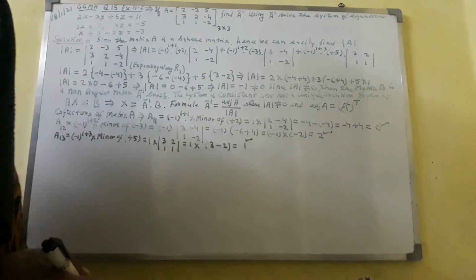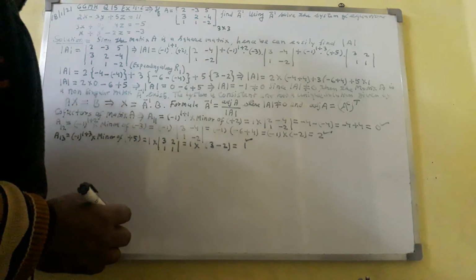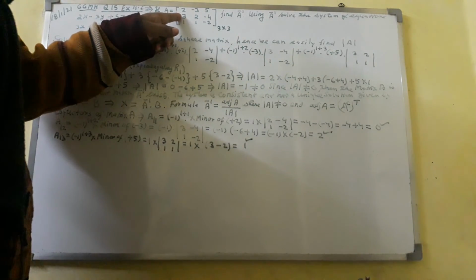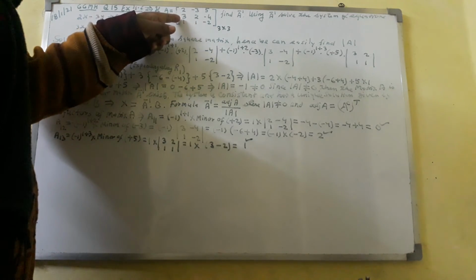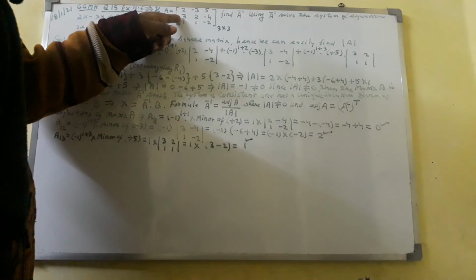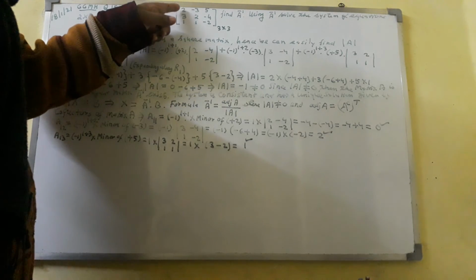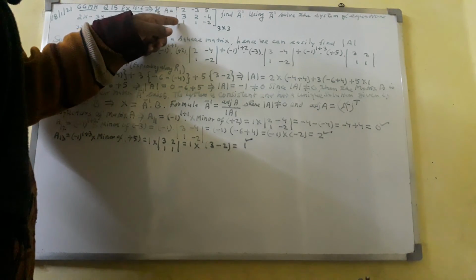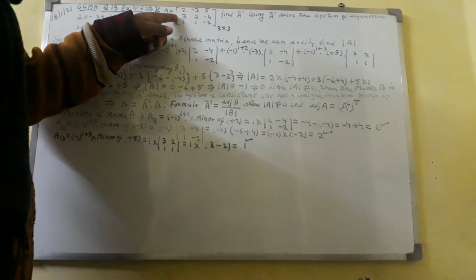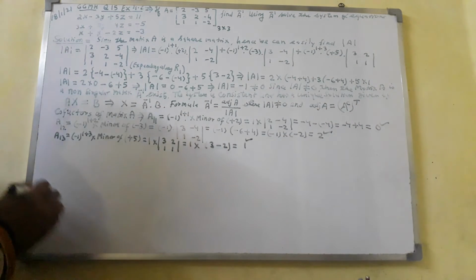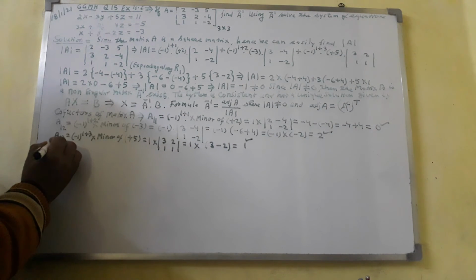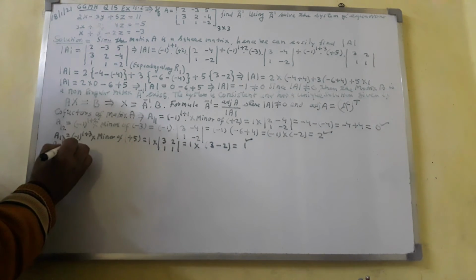So for 3 what will we do? This 3 is in the second row and first column. So I shall write A₂₁.